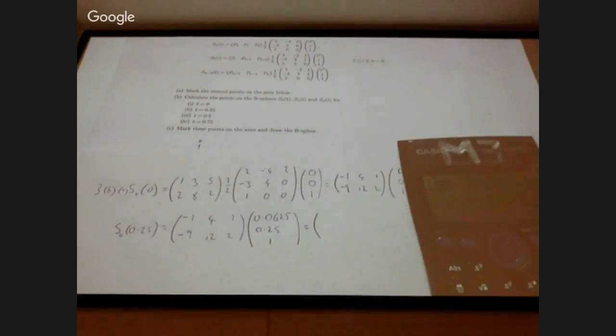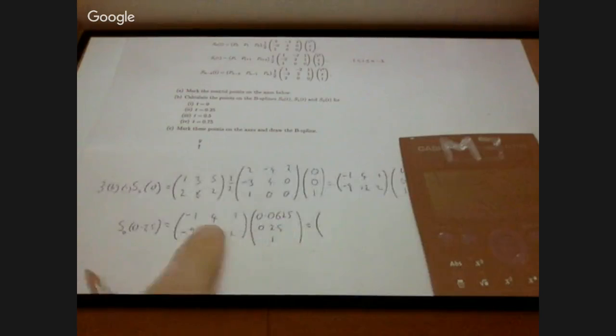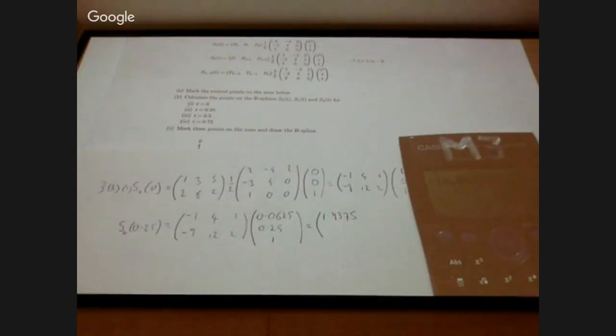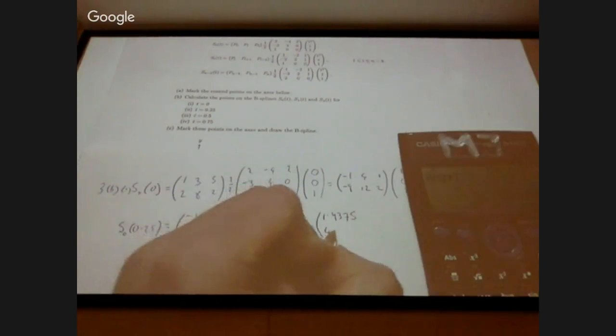Now we multiply those together. So we've got minus 1 times 0.0625 plus 4 times 0.25 plus 1. That's 4.9375. And on the bottom, minus 9 times 0.0625 plus 12 times 0.25 plus 1. Oh, plus 2 actually. That's 4.4375.